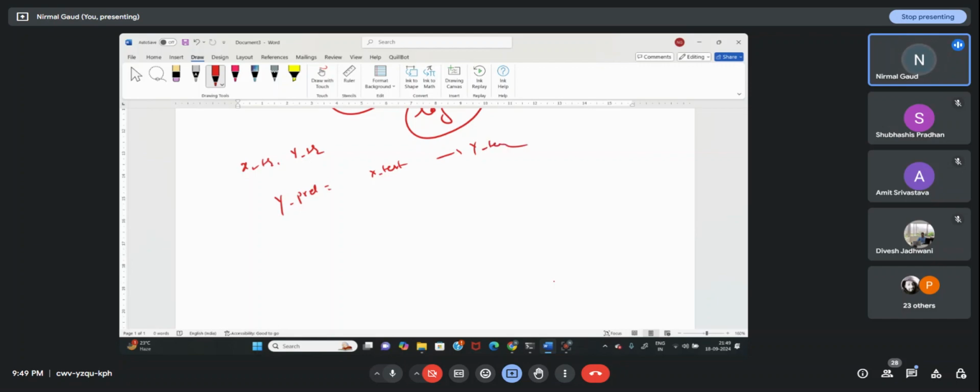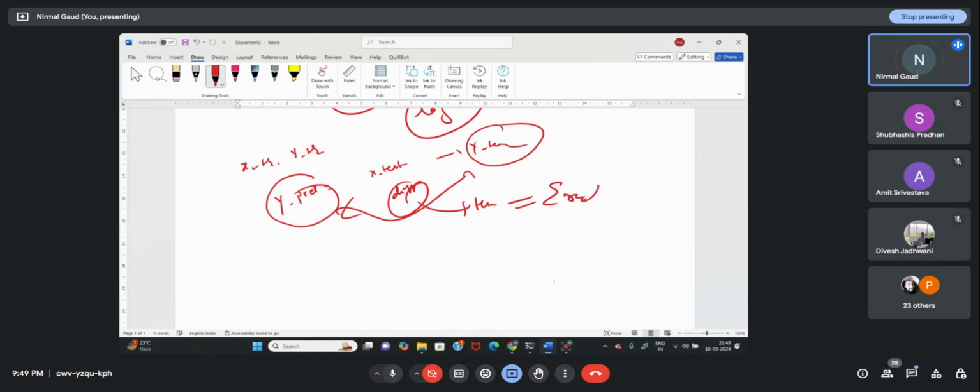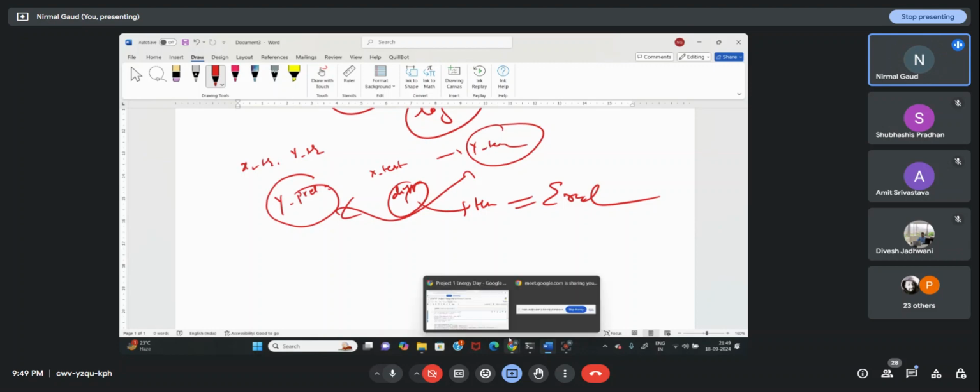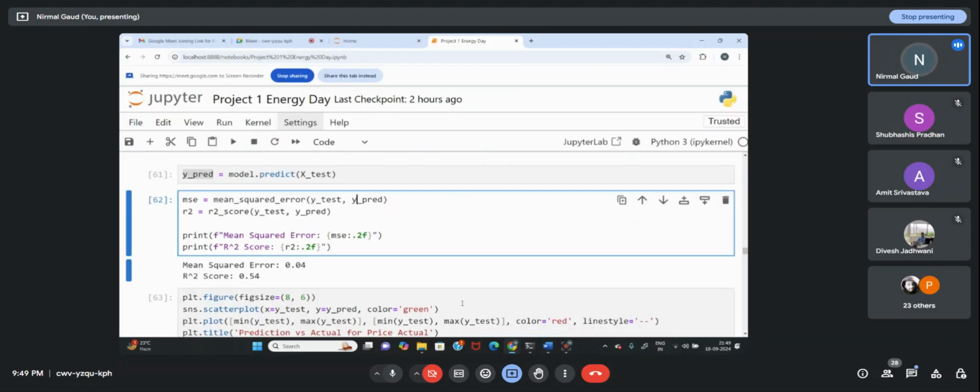Now you have a chance to compare y prediction and y test, whether these values are the same or different, and if they are different, how much different they are. That is called error. So that's an evaluation criterion for a model, and here I am calculating the error between them.